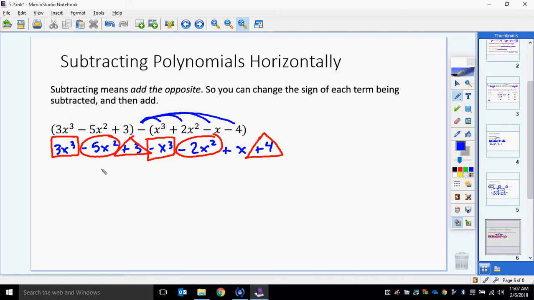So combine your rectangles. 3x cubed minus x cubed is 2x cubed. Then we have a negative 5x squared minus 2, so I'm at negative 7x squared. I have my x, my lonesome x, and my triangles, 3 plus 4 would be 7. So please don't forget on subtraction that you're subtracting all of it and to change those signs.